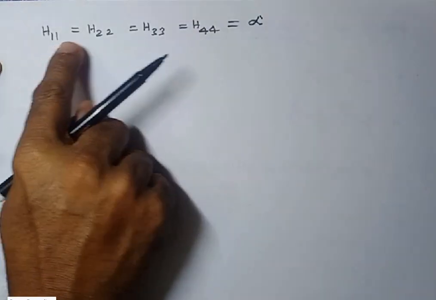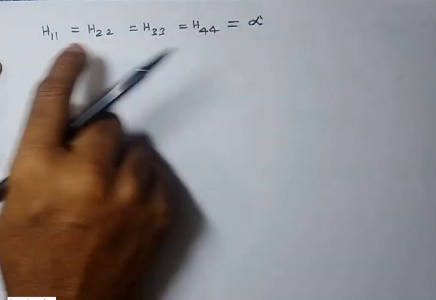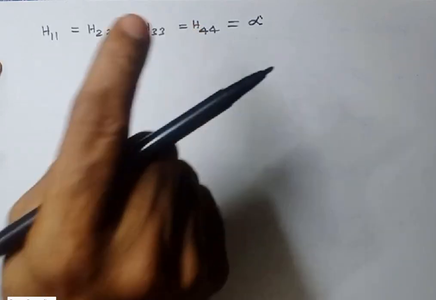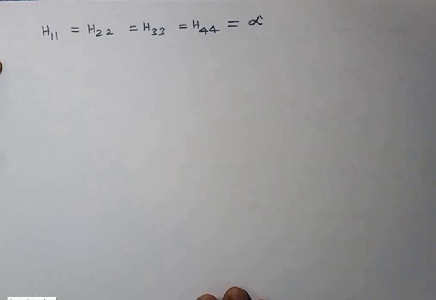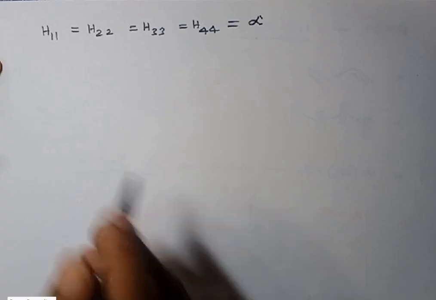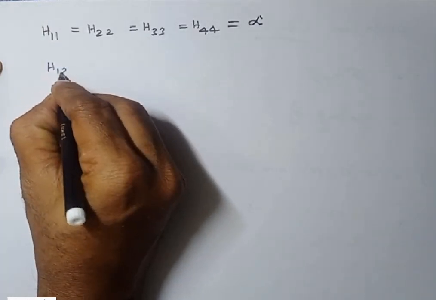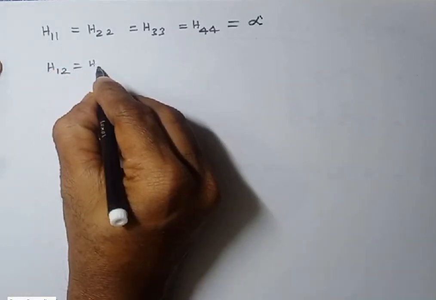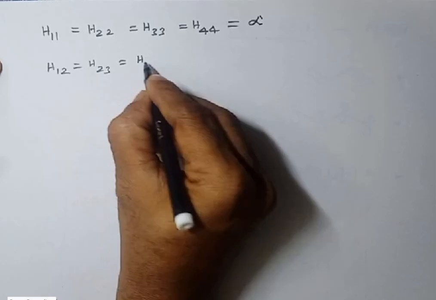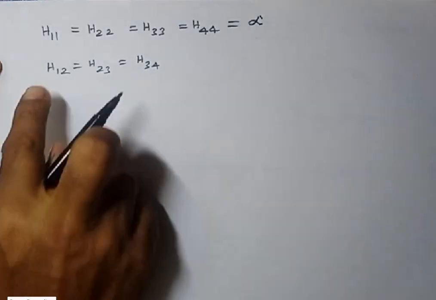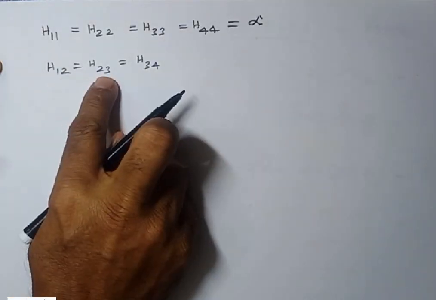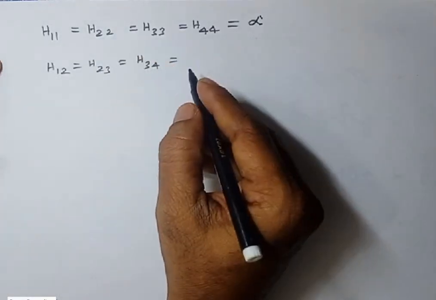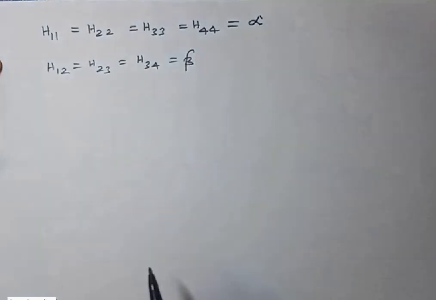Then, what about H12, H23, H34? They all involve adjacent carbons. So these integrals give you the resonance integral whose value is beta.